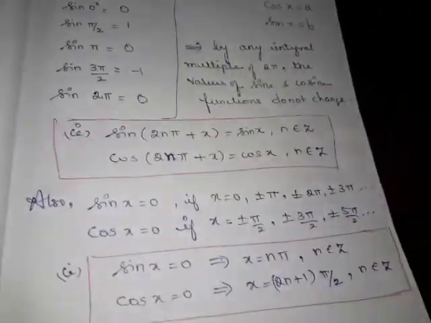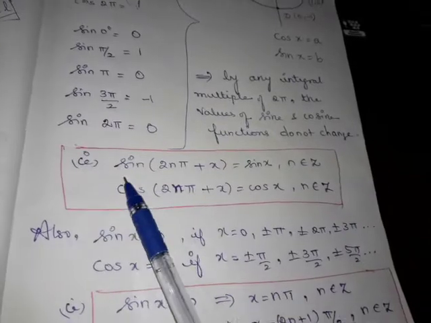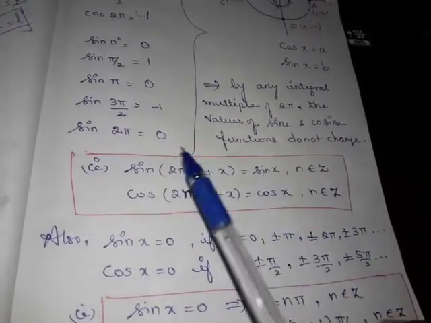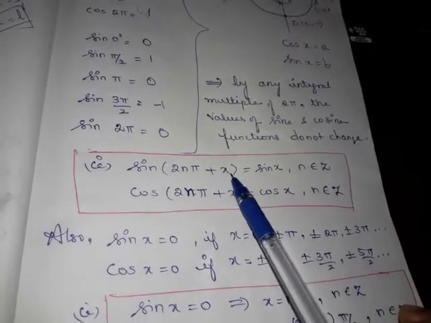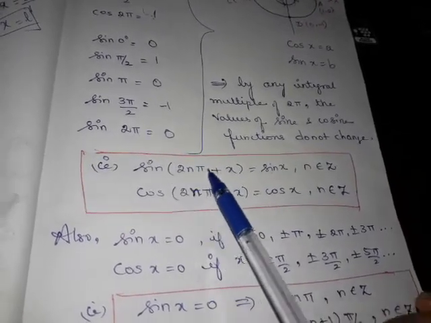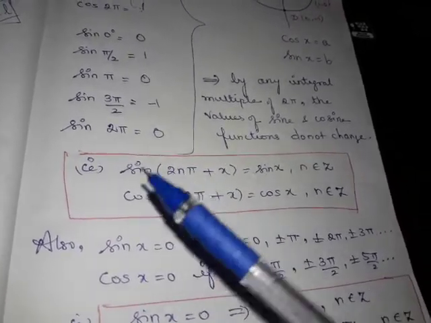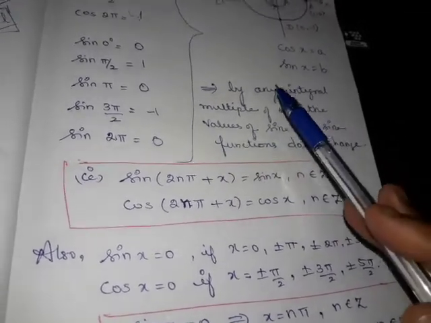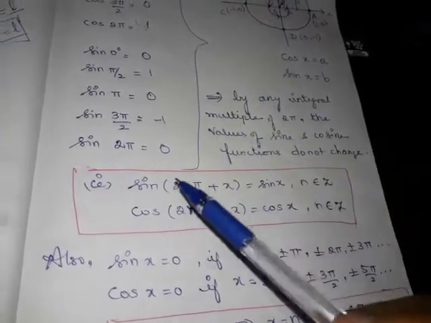So from this, what can we say? Sine 2n pi plus x is equal to sine x, which means if x increases by any integral multiple of 2 pi, hope you understood. Integral multiple of 2 pi means not only 2 pi, it could be 4 pi as well.